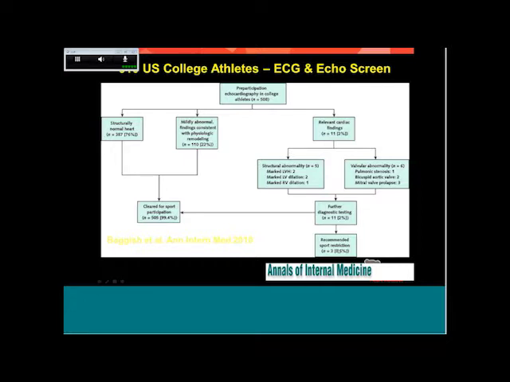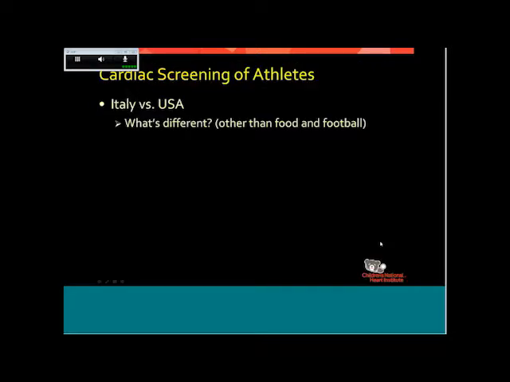Only 3 of them, after further diagnostic testing, were restricted, and 505 of the 508 were eligible to participate in athletics because they were relatively minor abnormalities that wouldn't preclude sports. Only 3 out of 500 were restricted after that.